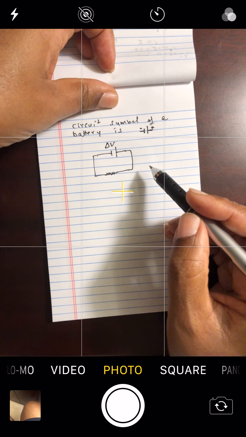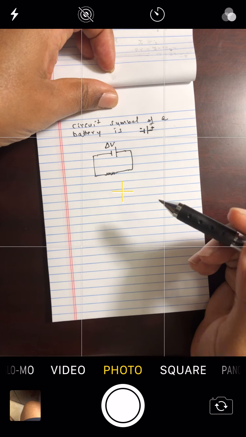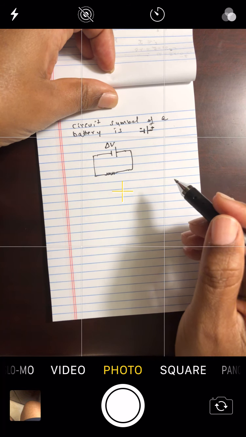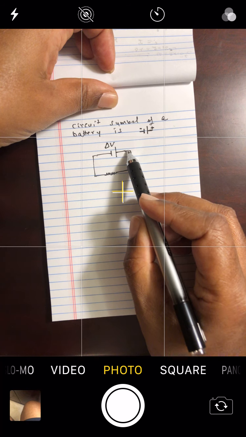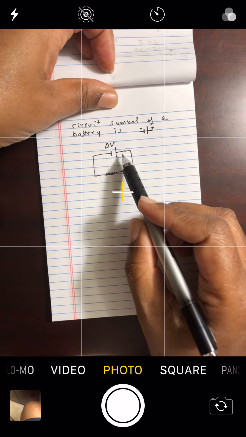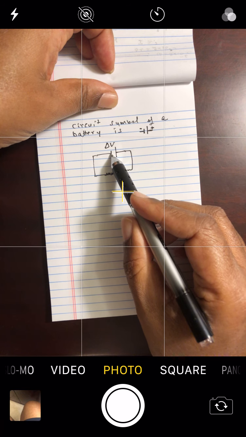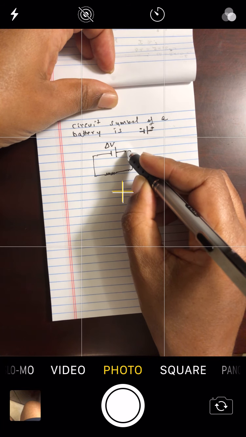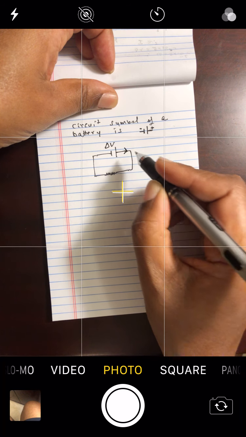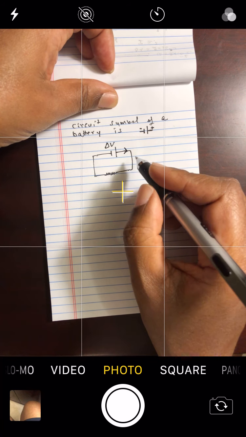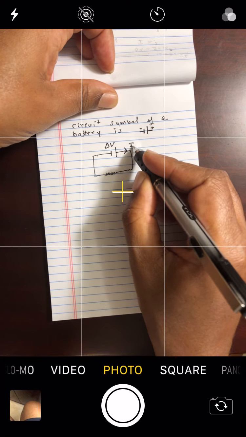But even though charge is carried by electrons, conventionally we assume current is carried by positive charges. So positive charges will go this way. They're repelled by the positive terminal over here and attracted this way. So the direction of the current, which is the direction of positive charges, will be this way. This flow of charge through this conducting wire is what we call current.